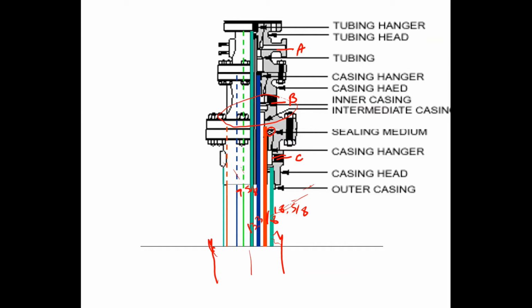From B, we measure pressure between 13 3/8 and 9 5/8. And A, we measure the pressure between tubing and casing, 9 5/8. Yeah.